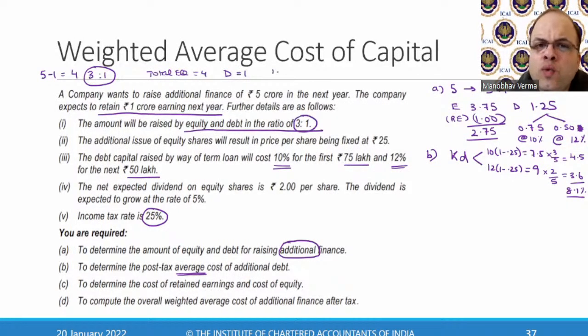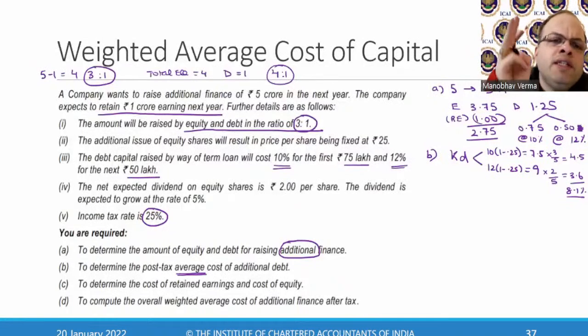You wanted 3:1, you end up having 4:1. Khushi, I hope that makes sense. We wanted to have a 3:1 and retained earnings are part of equity. Khushi, is it clear?